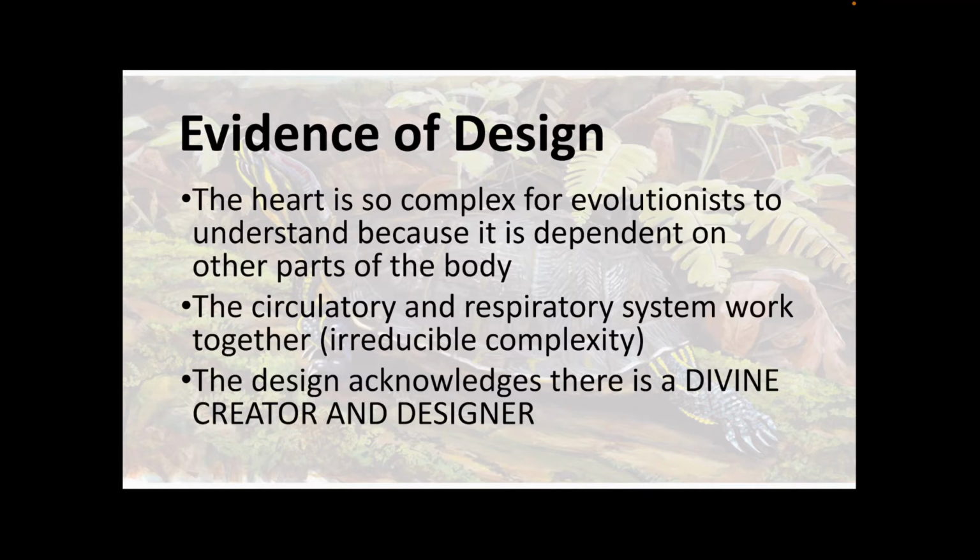So evolution doesn't really fit into this, because evolution says the heart system was created first and then all the other systems came to be one by one. But that doesn't work if you look at the function of what we see today in animals. So this gives way to the idea that there has to be a divine creator and designer, aka God, who created everything at once in order for this to function in unison.